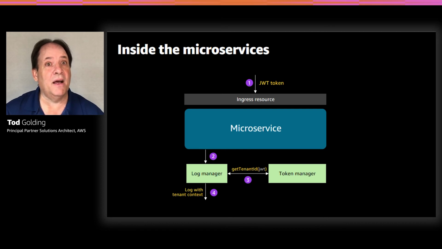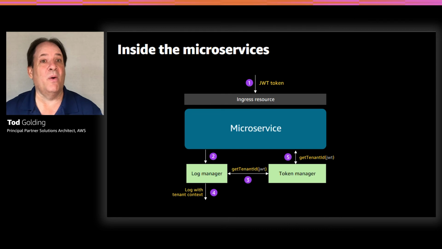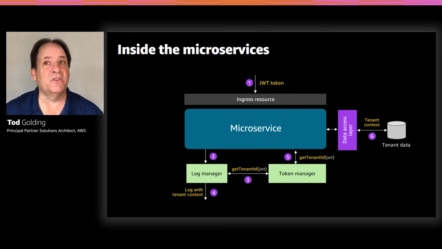Now, the same thought process applies to getting data. If our microservice needs to acquire data, for example from a database, it's going to go out to the token manager and get that tenant context back. And now when it calls through the data access layer, that layer will be responsible for deciding how, for this particular tenant and this microservice, to access data.